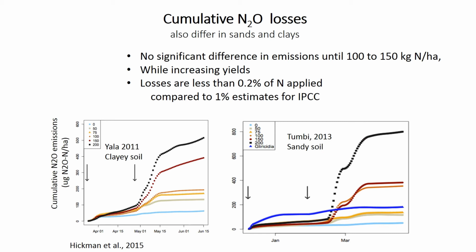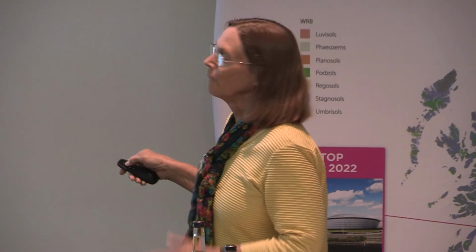What you'll see here are different curves, basically, for the different rates. These rates are not showing much difference. It's when you get above 100 to 150 kilograms of nitrogen that you start really getting increased nitrous oxide emissions.